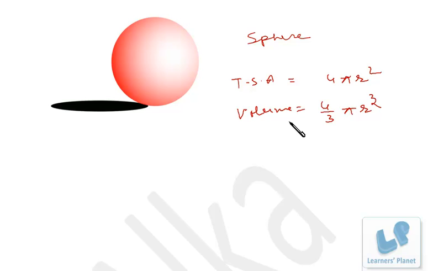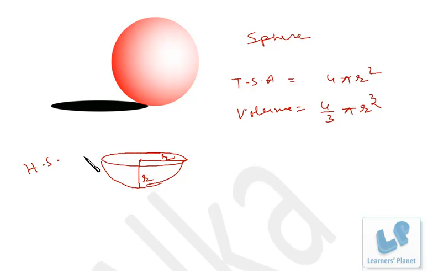Now if we talk about the hemisphere, I just draw a hemisphere for you. This is what a hemisphere is, right? So this is the radius and this is the radius. So if we talk about volume of a hemisphere, volume will be just half. So it's 2 by 3 pi r cube, because capacity of hemisphere will be halved.